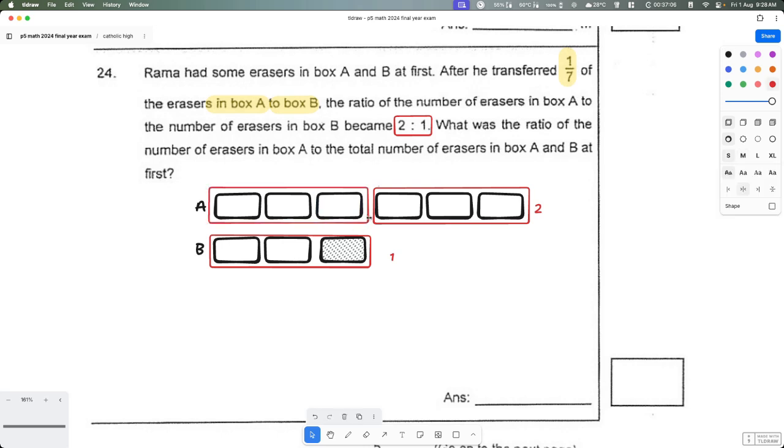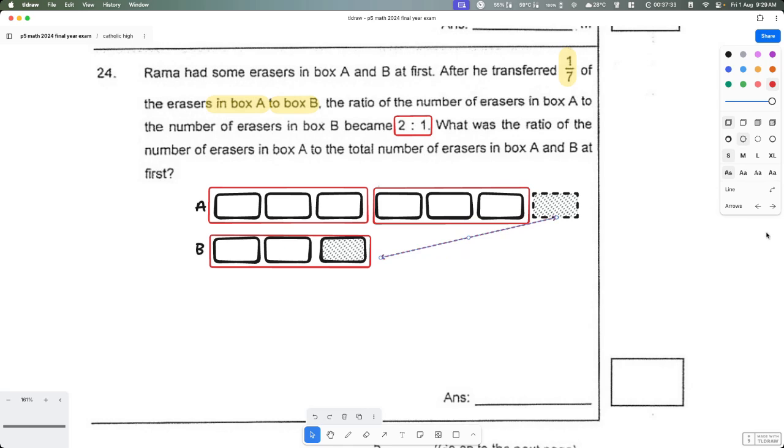So what is the ratio of the number at first? At first we have this, but sadly, this was given away to this.